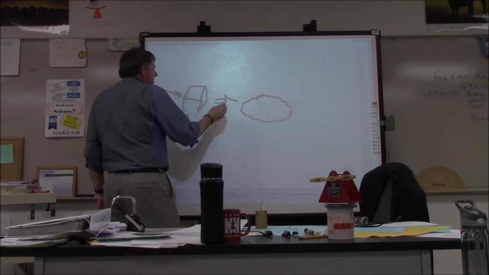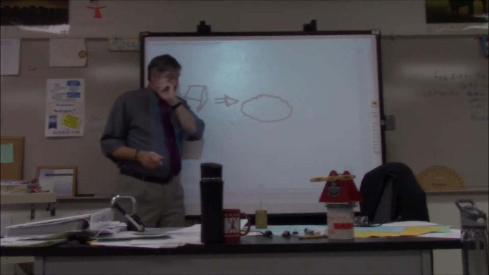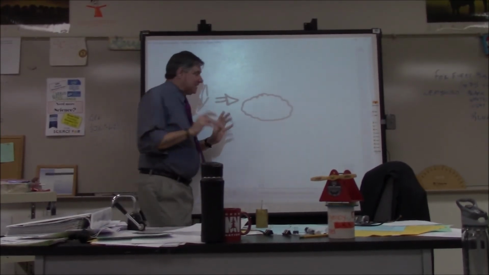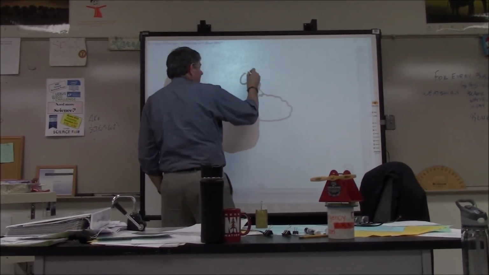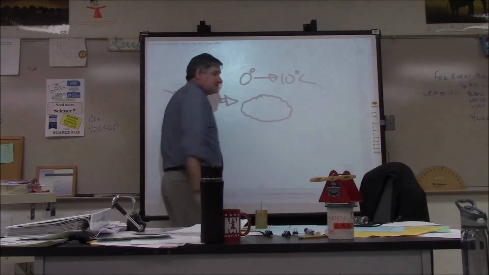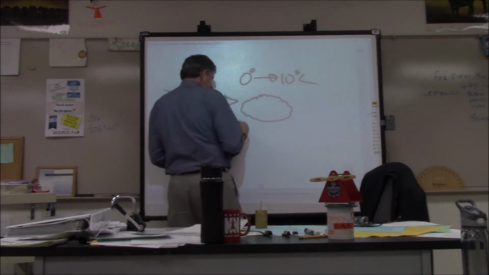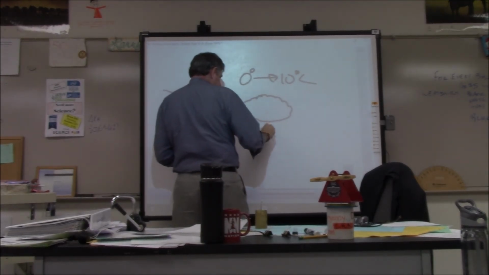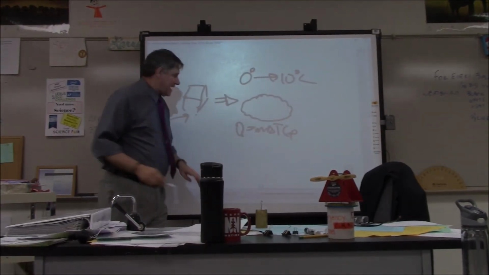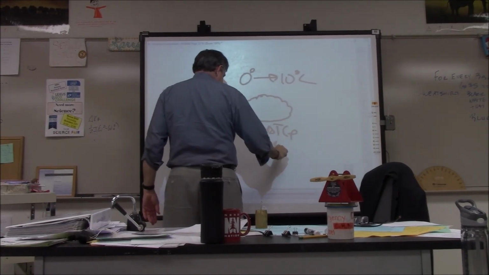I stopped myself. Okay, so in the name of time, here's what we've got. We've got water, 100 grams of it, right? So now I need to take water that's 0 degrees Celsius and warm it up to 10 degrees Celsius. Anytime you have a temperature change, we go back to Q equals m delta T c sub P. I've still got the same mass, which is 0.100 kilograms.